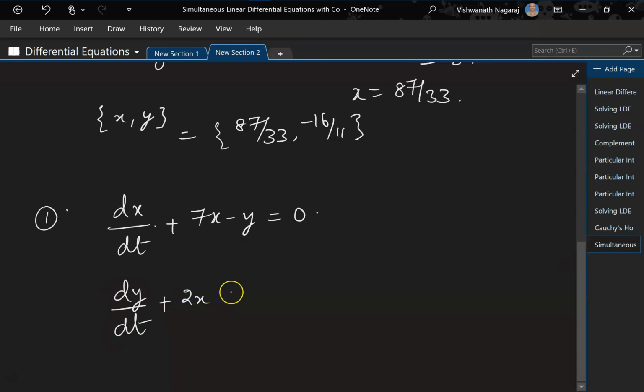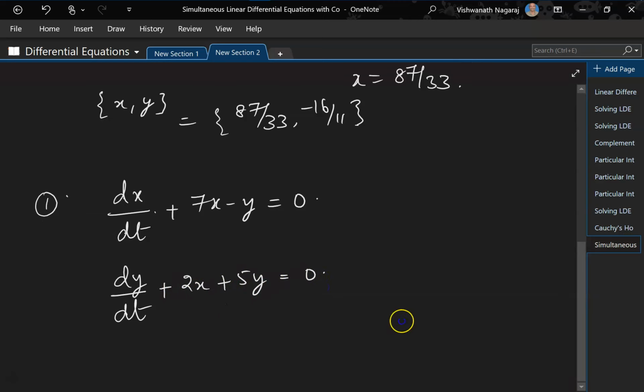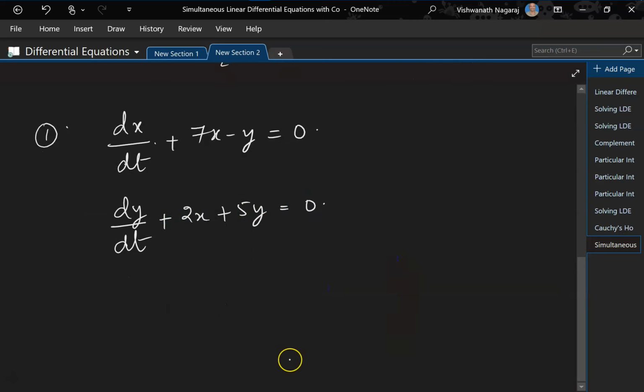Plus 2x plus 5y is equal to 0. Again we have to operate on the equations with something in such a way that one of these, x or y, cancels out, right? So what shall we do? First of all, let's write it in D notation.